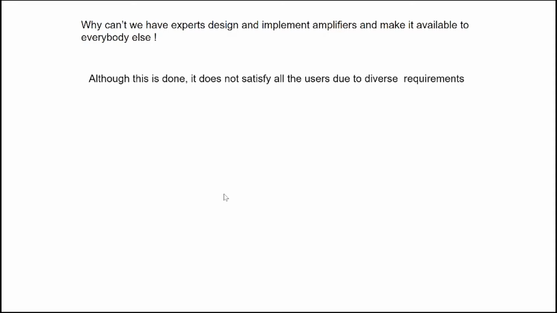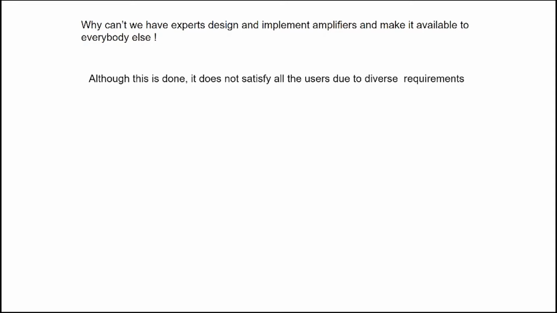Therefore, if you think about one single amplifier which meets everybody's demand, that is not possible. Either it will become too expensive to meet all possible demands, or in general you will not be able to design an amplifier which will meet all the specifications for all the applications.